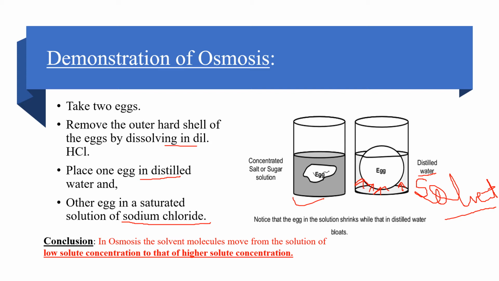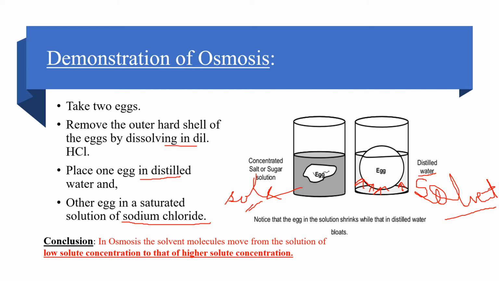Now, in the case when the egg is placed in a concentrated salt solution or a sugar solution, as we have taken the concentrated sodium chloride solution, the solution has more amount of solute, since it is a concentrated solution.